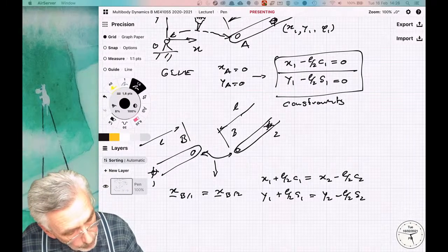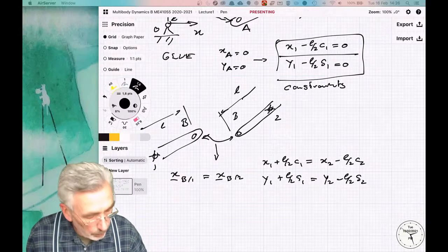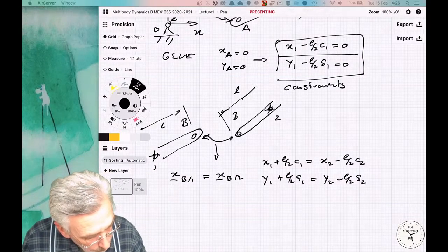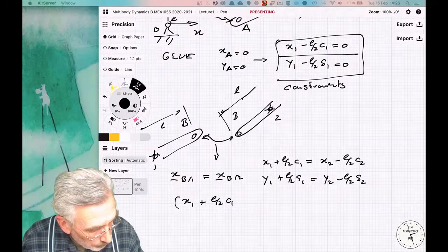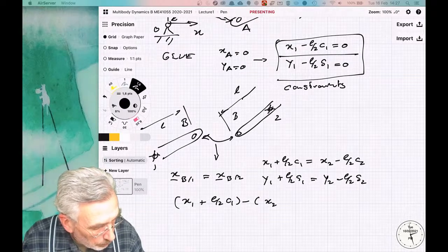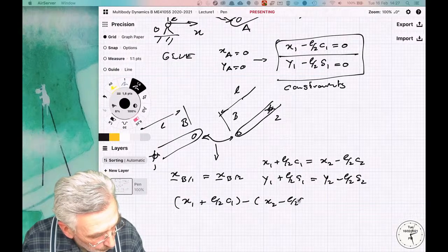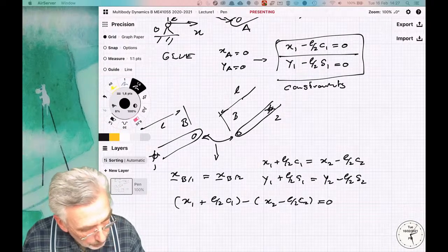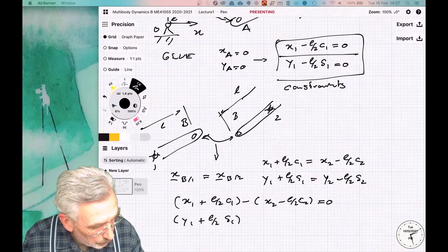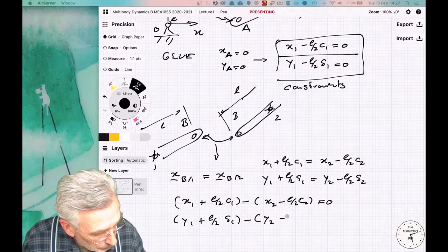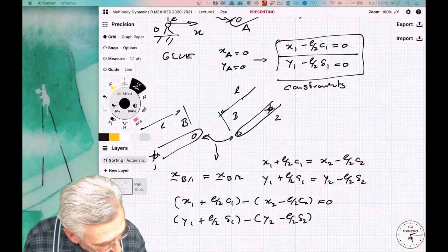Now, I usually like to write constraints as something is 0. So I like to rewrite that as x1 plus L over 2 cosine phi1 minus x2 minus L over 2 cosine phi2 is 0. And then y1 plus L over 2 sine phi1 minus y2 minus L over 2 sine phi2 is 0.